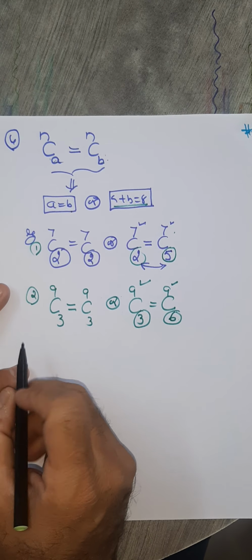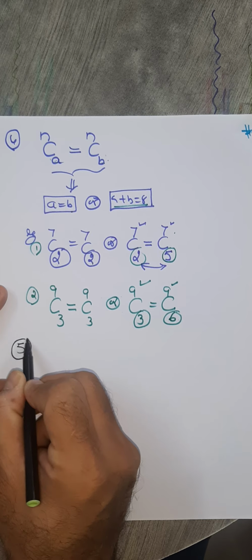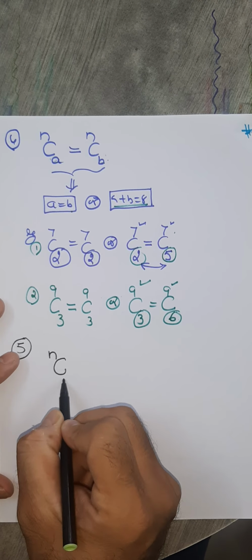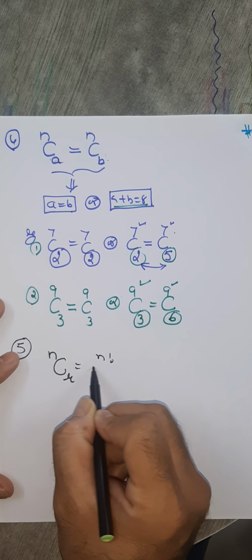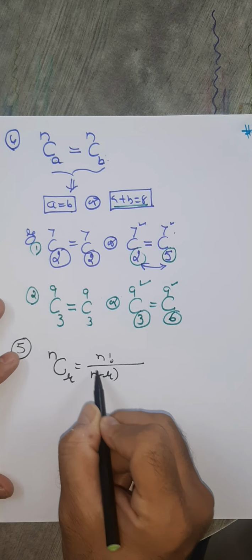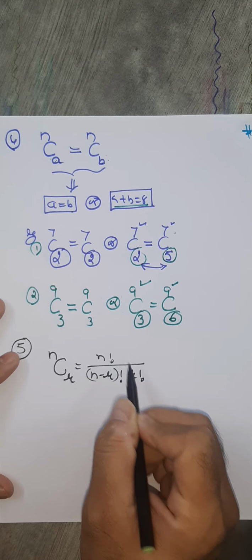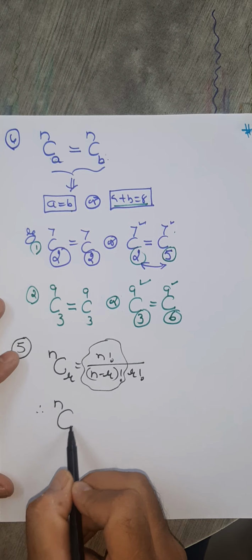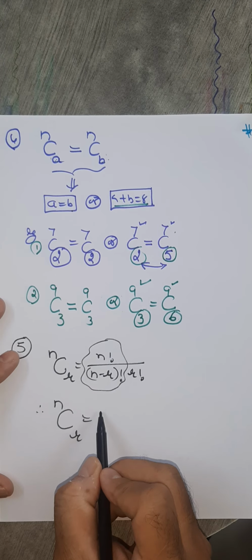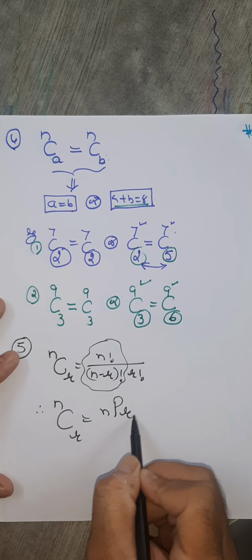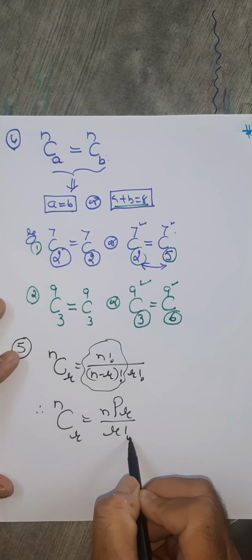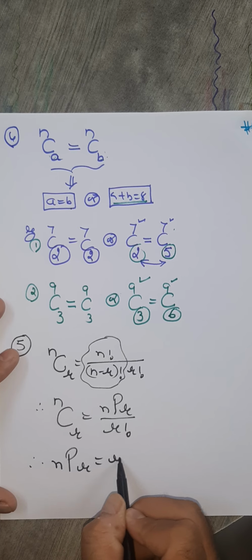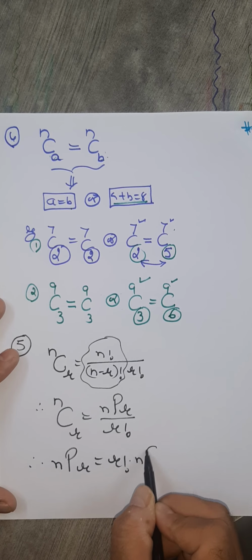And finally, last one, there is a relation between NCR and NPR. If I write the formula for NCR, this is n factorial upon n minus r factorial into r factorial. और ये आप जानते हैं दिस इज NPR. सो NCR इक्वल्स टू व्हाट इज दिस? दिस इज NPR अपॉन r factorial. और दैट इज सेम एज यू कैन राइट NPR इक्वल्स टू r factorial into NCR.